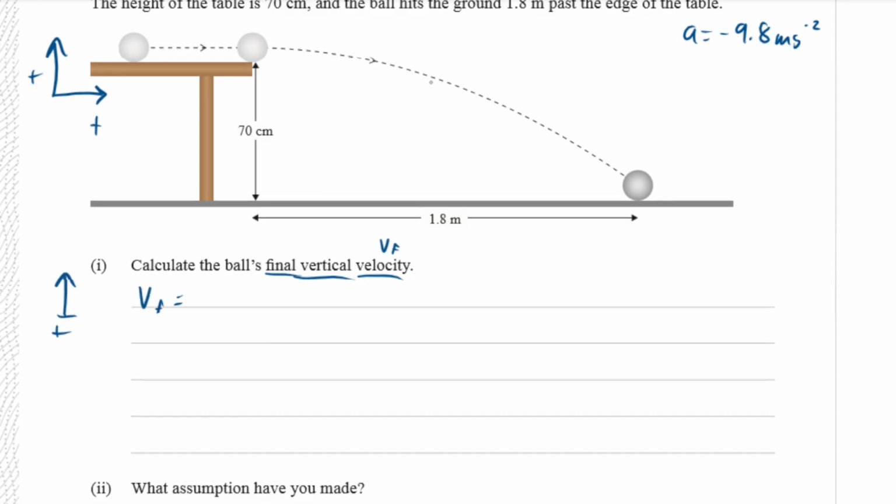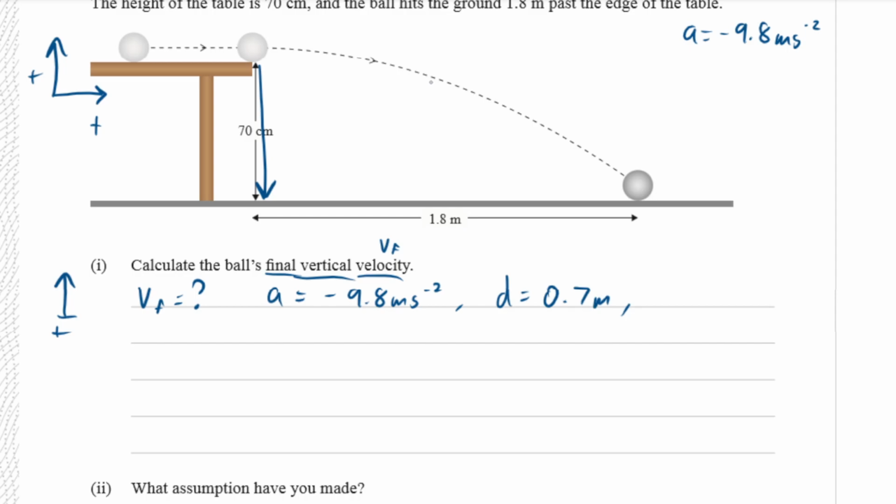In the vertical direction, what do we know? Well, we know it's accelerating down, so negative 9.8 meters per second squared. We were given the height of the table, so it's traveling a distance down of 0.7 meters, converting to SI units.